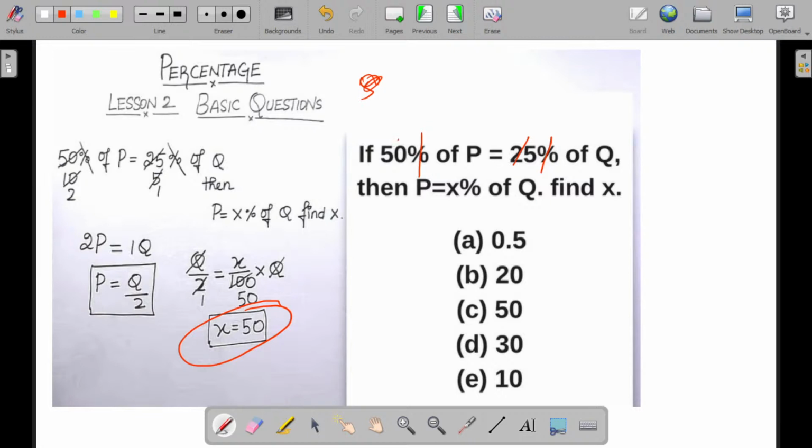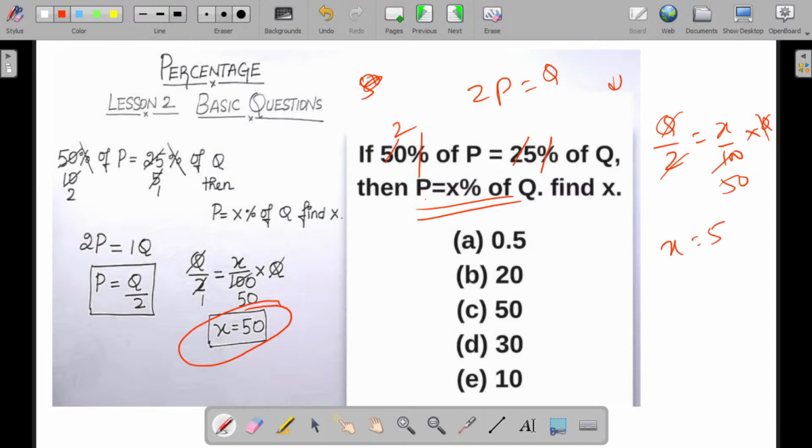So 25 ones are 25, twos are 50. Here you get 2P equal to Q. Then put the value of Q here, so P means Q by 2. Q by 2 equals X by 100 into Q. In this way the Q cancels, so X equals 50.